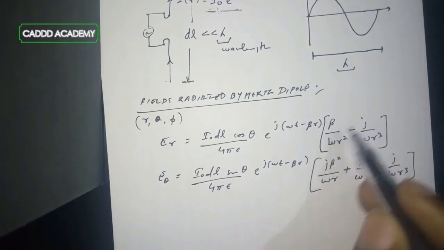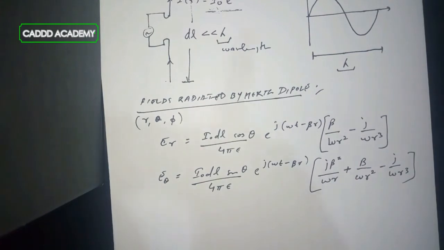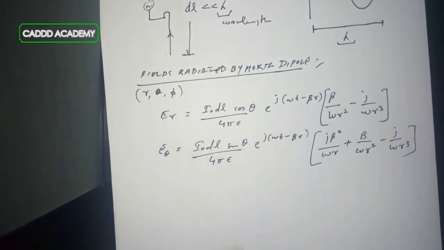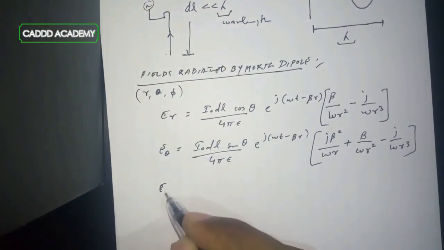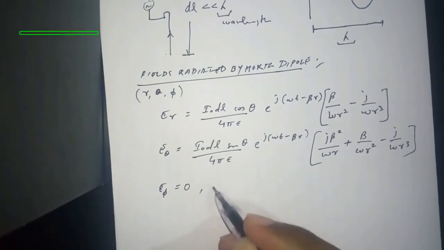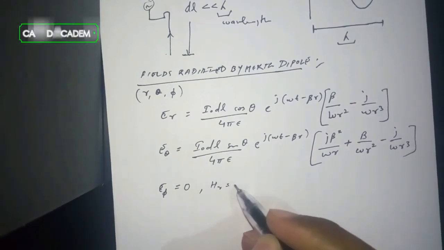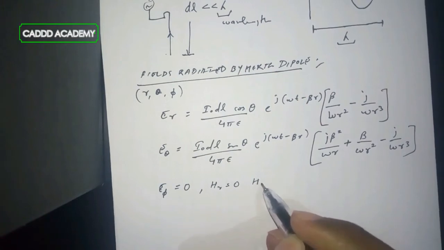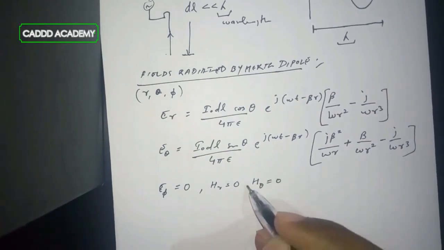These expressions are the same, just this extra term has been added, and here we have sine theta instead of cos theta. The electric field radiated in the phi direction is 0, the magnetic field in the r direction is 0, and the magnetic field in the theta direction is also 0.